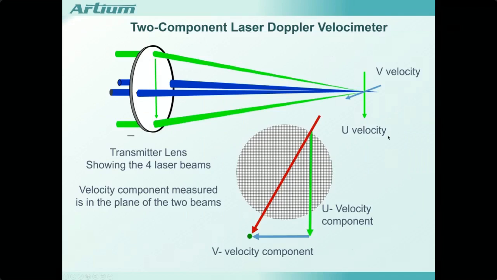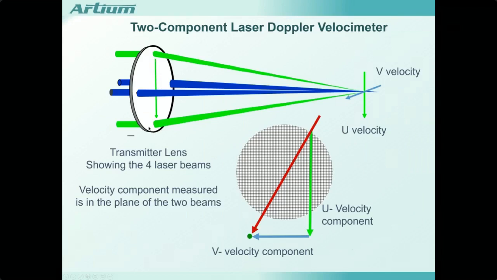Now, some fairly easy descriptions here. For a two-component laser Doppler velocimeter, we need 4 beams. And realize that the direction of velocity measurement is in a plane parallel to the plane of the beams.